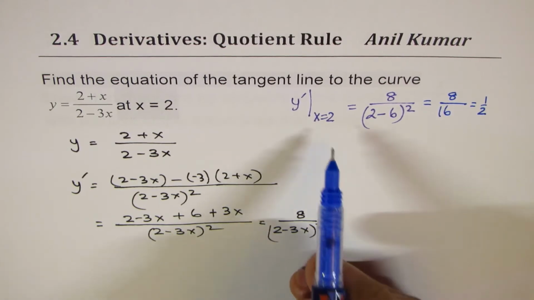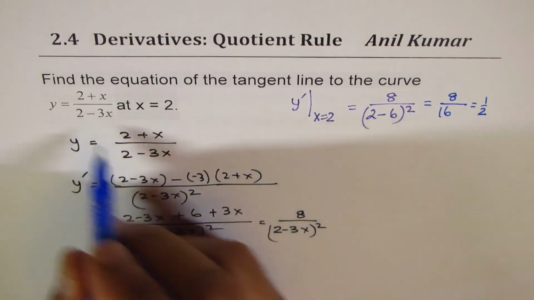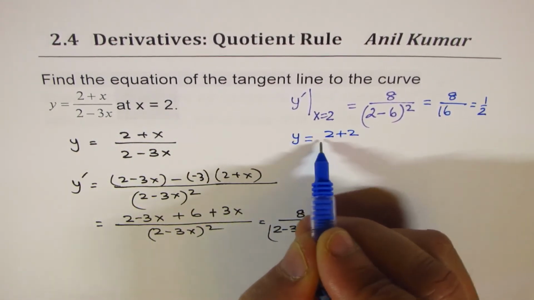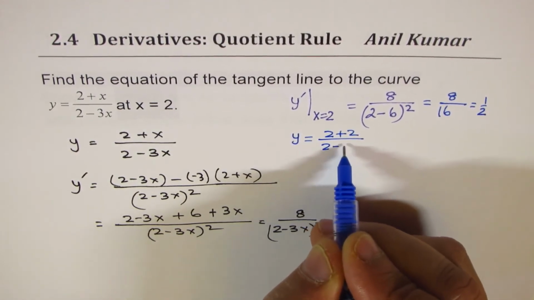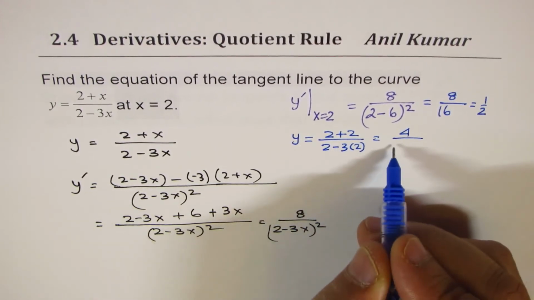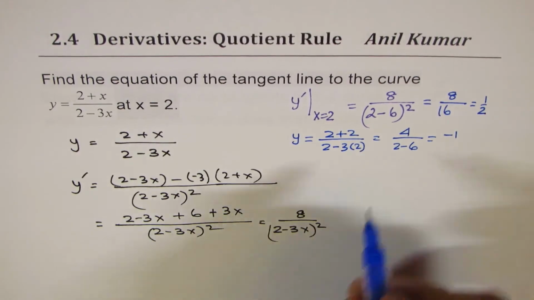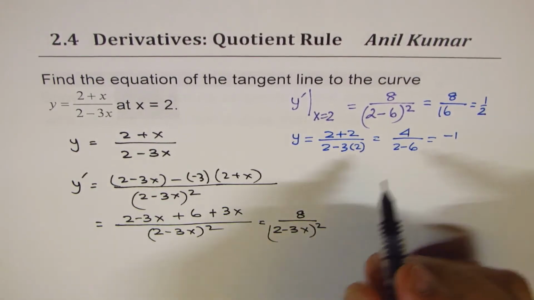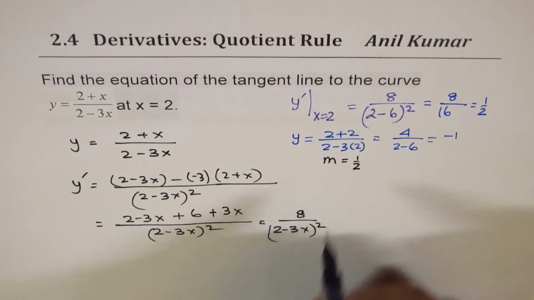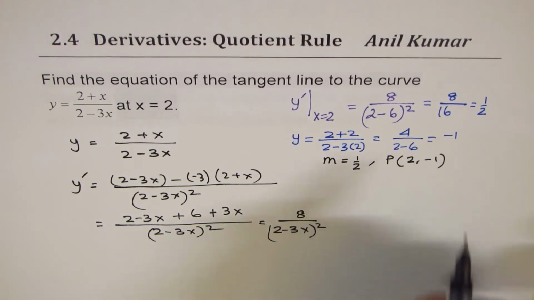Okay. Now once you find this, we have to find the point also. So if I substitute 2, what is the y value? So it is 2 plus 2 over 2 minus 3 times 2, which is 4 over 2 minus 6, which is minus 1. So what we want to find now is the equation of a line whose slope m is half and the point P on it is 2, minus 1. Is it okay?